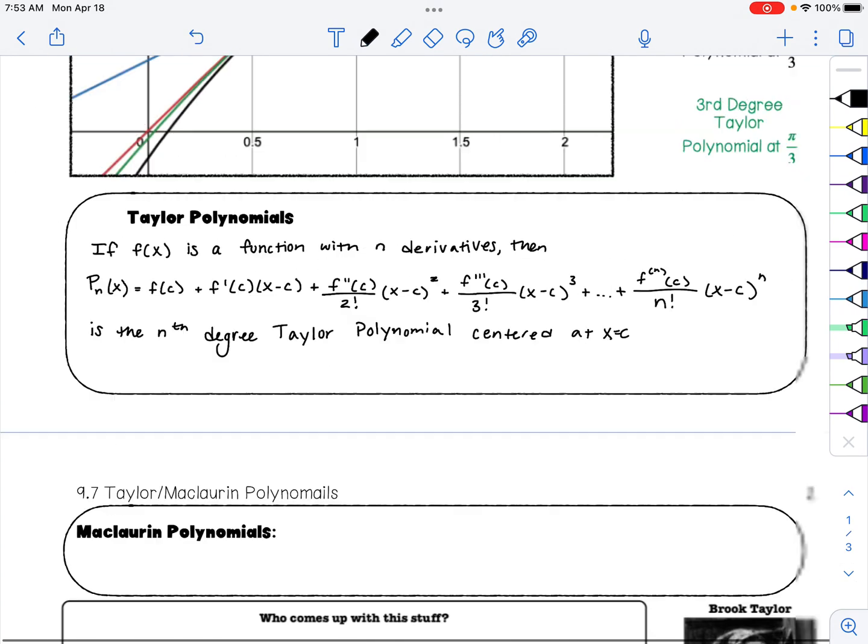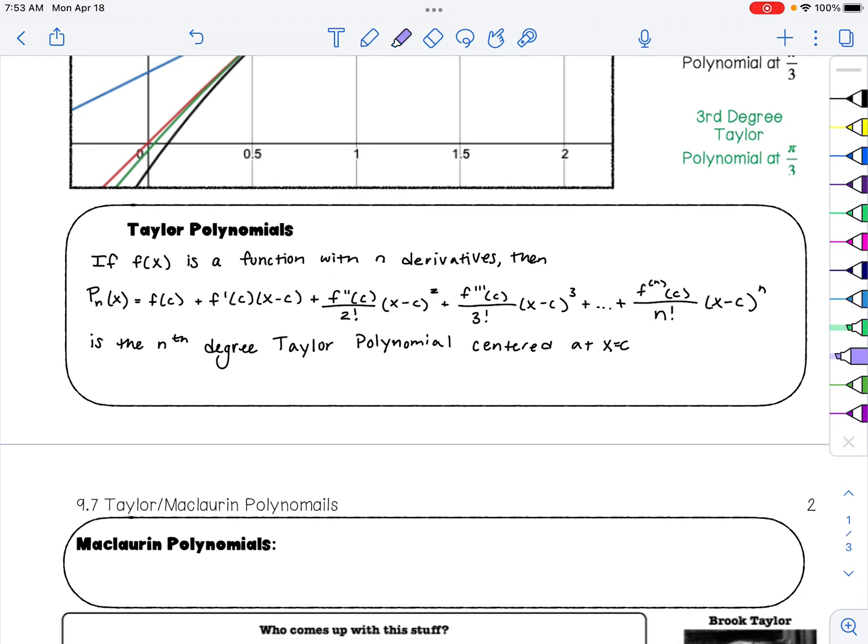Let me just zoom out so you can see the whole thing there. So this n stands for the number of derivatives that you're going to take. That's why these n's are here. And then c is your center point. So c is what we plug in for all of these locations. So the formula for the polynomial is always the same.